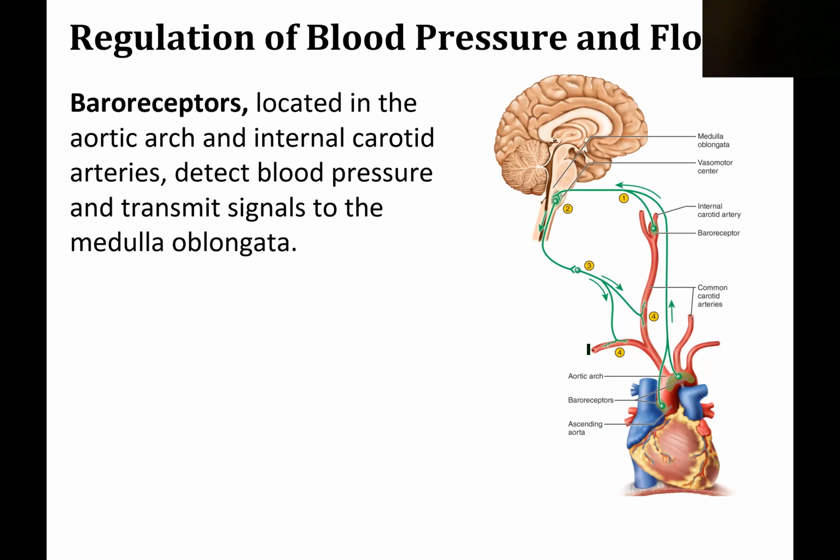Okay. Baroreceptors. So this is part of regulating. Baroreceptors, and we talked about this before, in the aortic arch and the internal carotid arteries detect blood pressure. They transmit those impulses to the medulla oblongata.